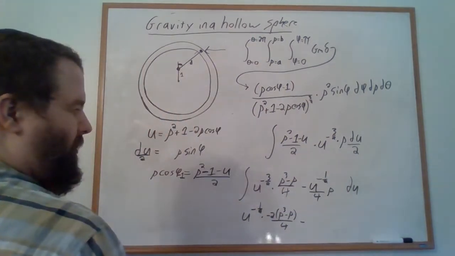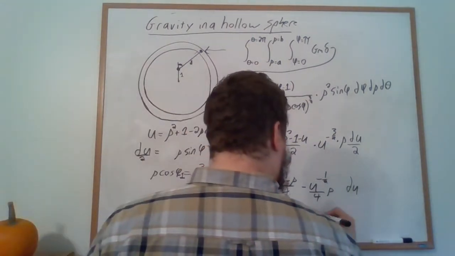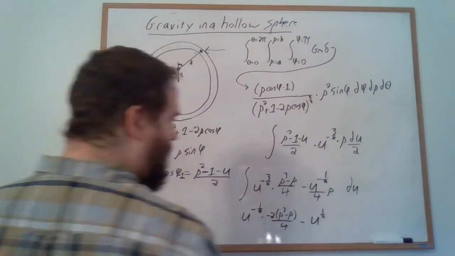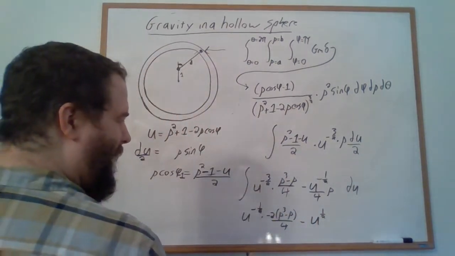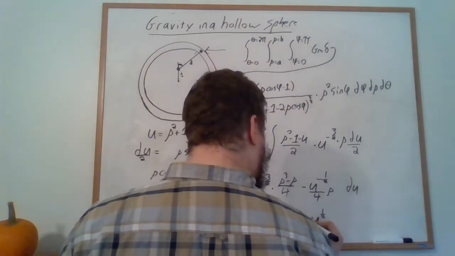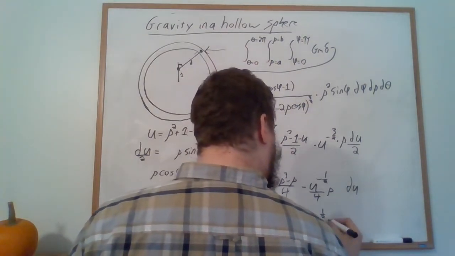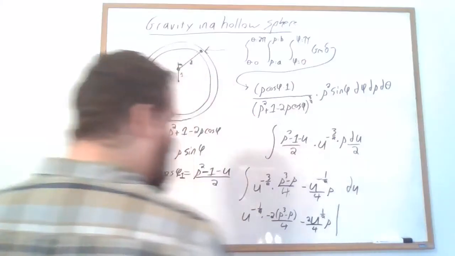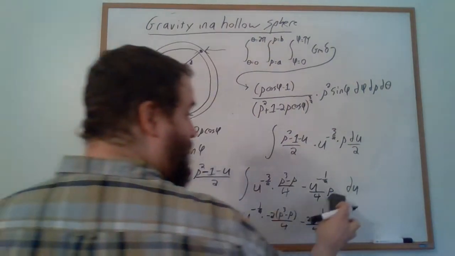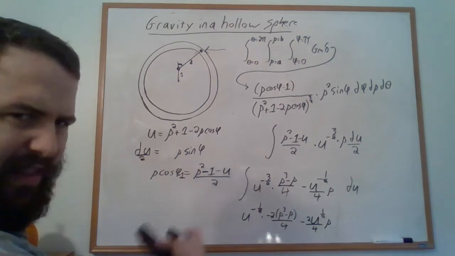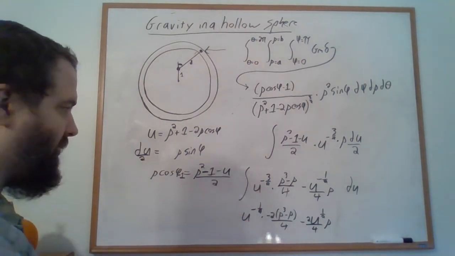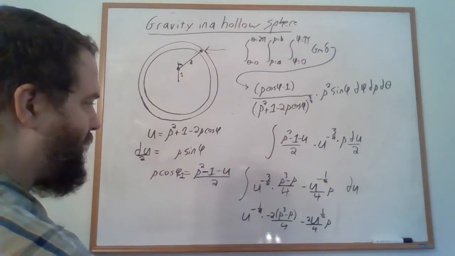And then this term here is going to give us a u to the 1/2. And then we have to multiply by 2. And then we'll eventually need to evaluate this between our bounds. But let's convert it back to being in terms of phi before we do that.